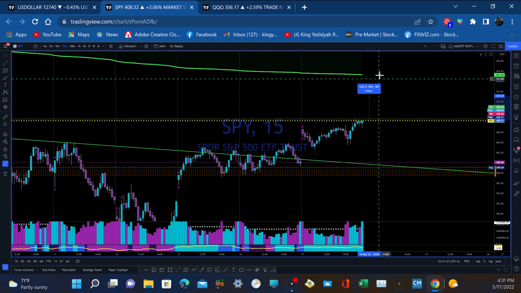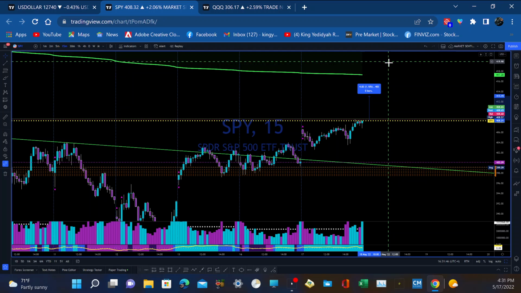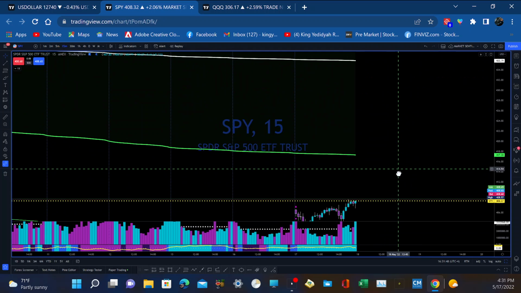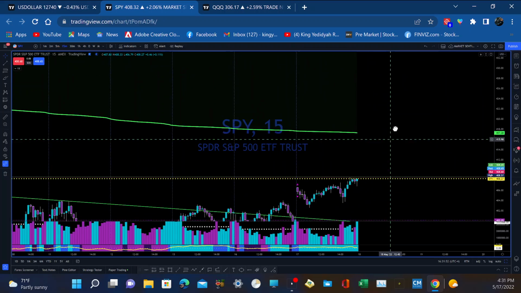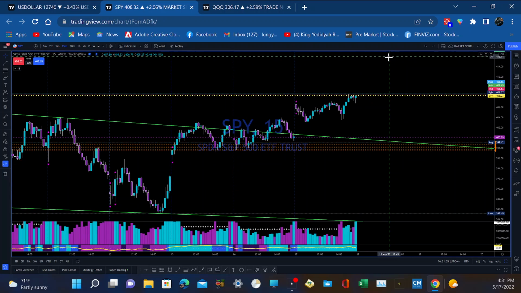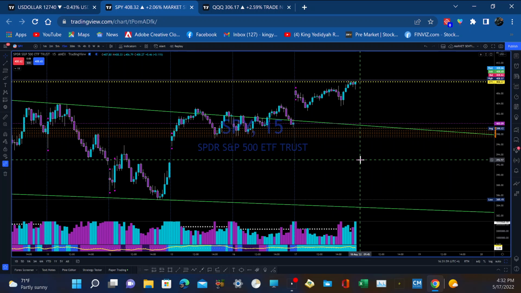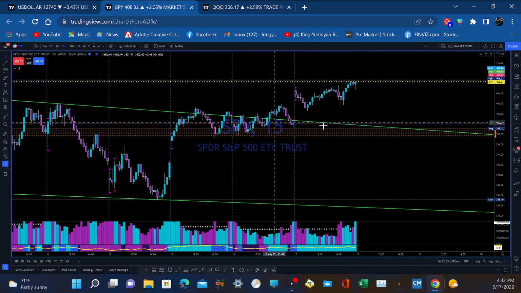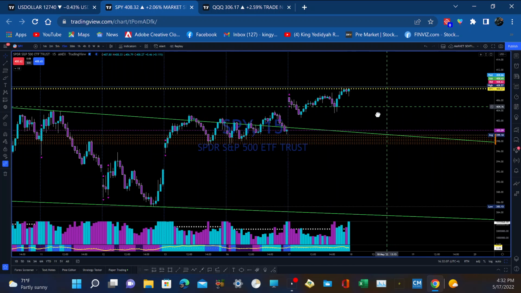We could easily retest 417, maybe even 420, and probably keep on pushing even to VWAP at 435. So I'm still bearish on the SPY, but I do recognize that the US dollar is taking a downturn, and this could give the SPY a breather, and we could get the rallies going.